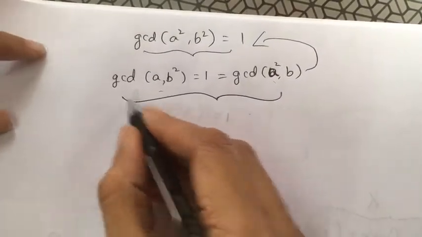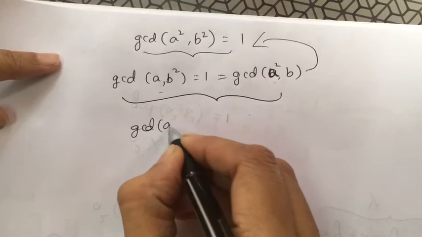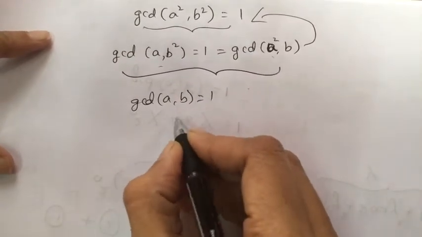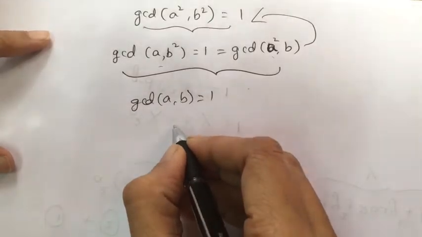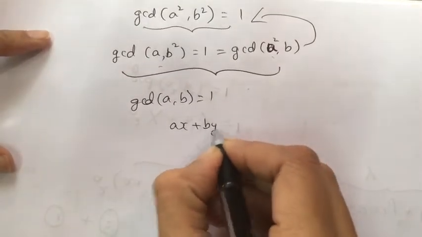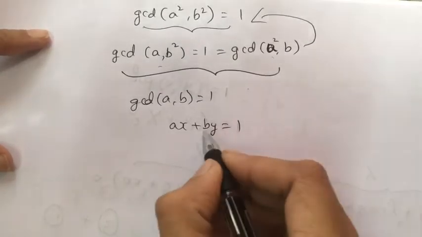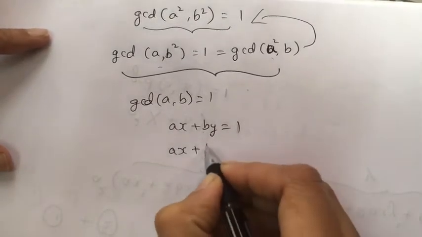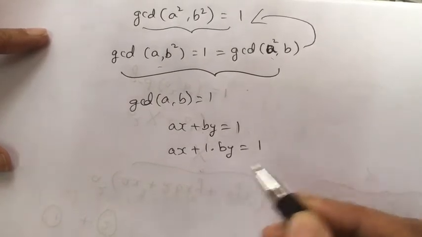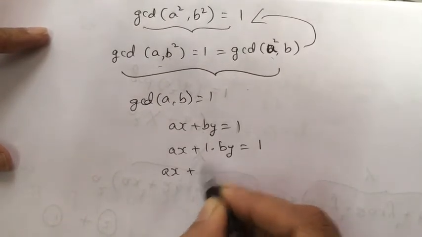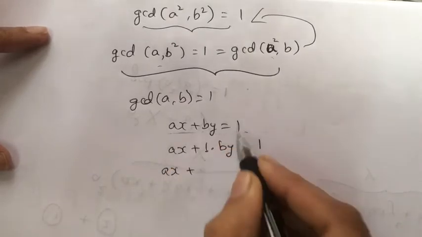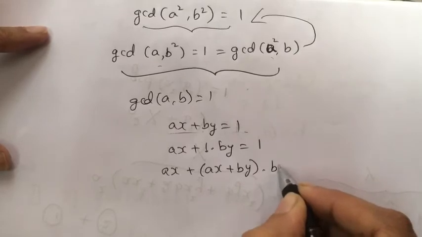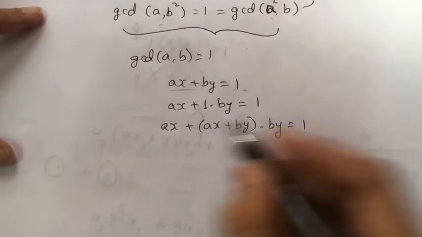It is mentioned GCD of a and b equal to 1, so you can write for some integers x and y, ax plus by equal to 1, right? Now in this place, ax plus 1 into by equal to 1, if I write it like this, then this 1 can be replaced by this, so ax plus by into by equal to 1.